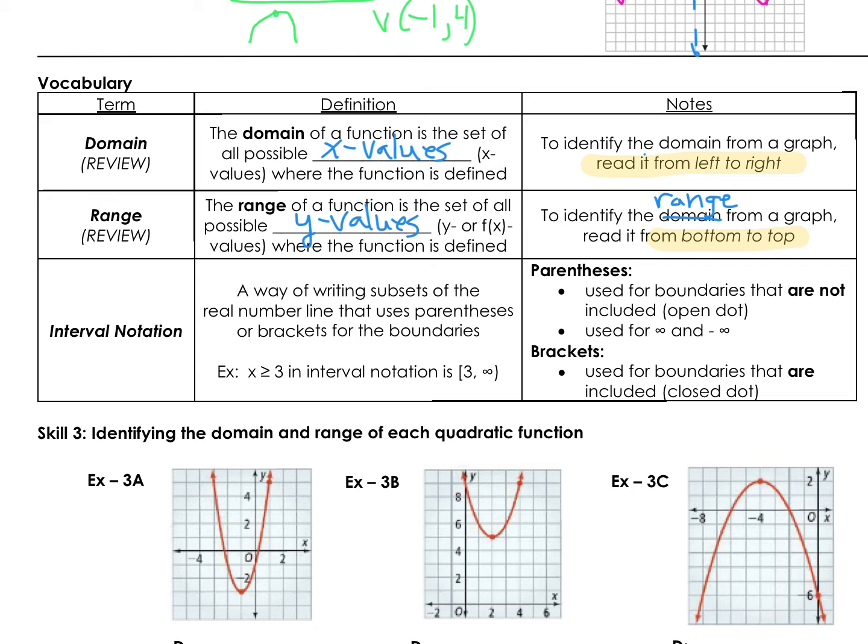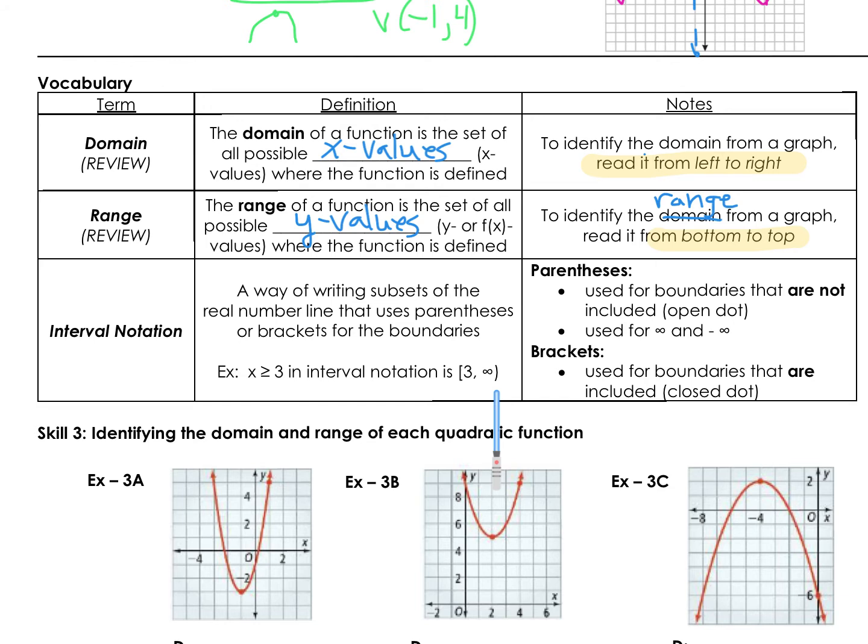Then finally, you're going to use interval notation, or set notation, to identify your domain and range. Remember, on a number line, if x is greater than or equal to 3, you start at 3 and go to positive infinity. Since it's equal to, we close it with a bracket.